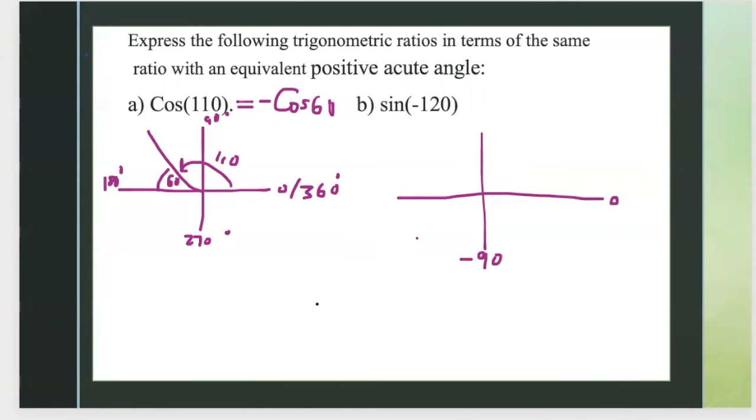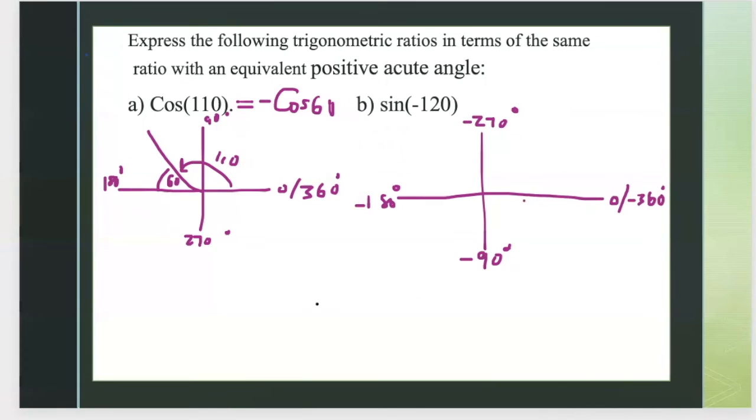Now, sine minus 120, so it means I am going in the clockwise direction. So from this, I will identify where sine negative 120 is. It's between negative 90 and negative 180.